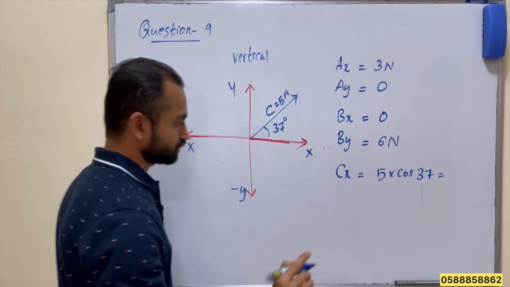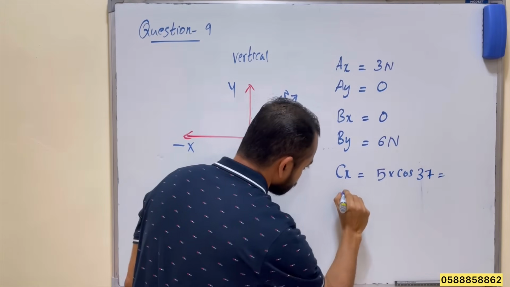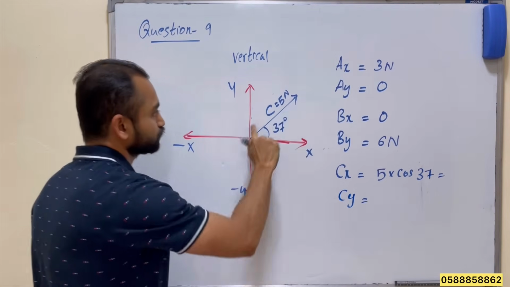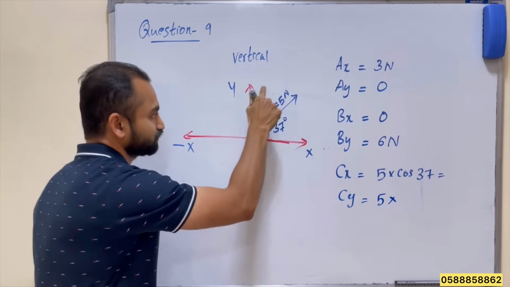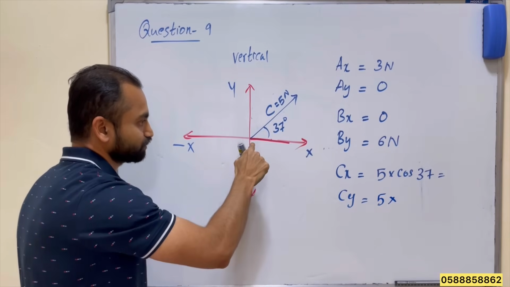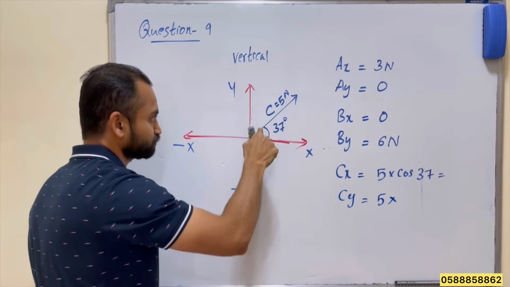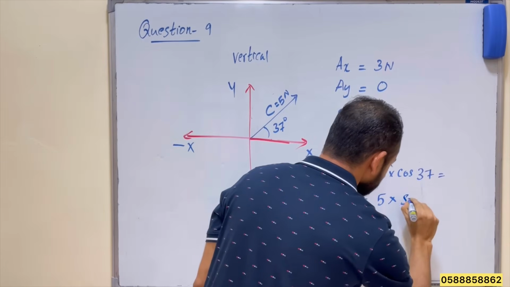37, calculate and write. Then what is Cy? The component of this one along the y axis: 5 multiplied, this is 5, right? The given value multiplied, the y component is the given value multiplied by sine of the angle.